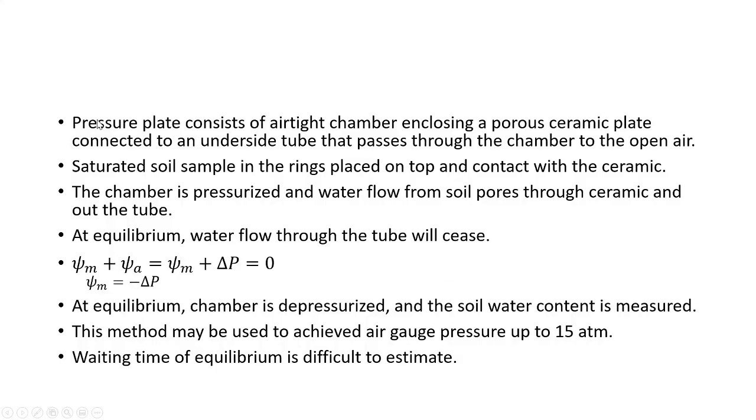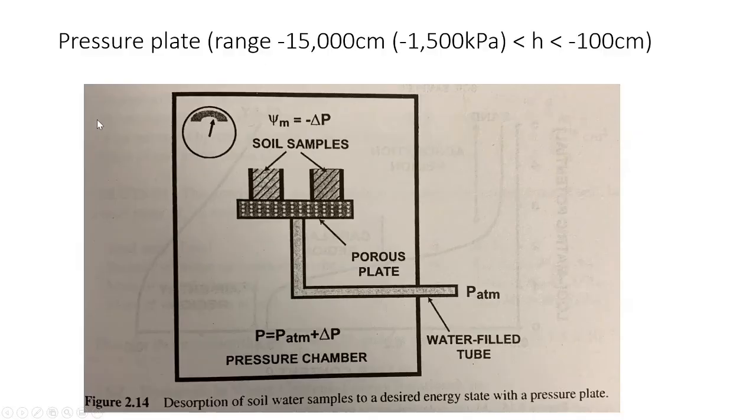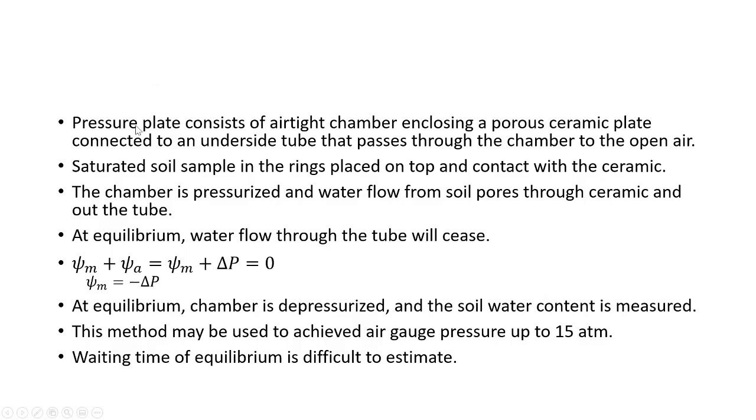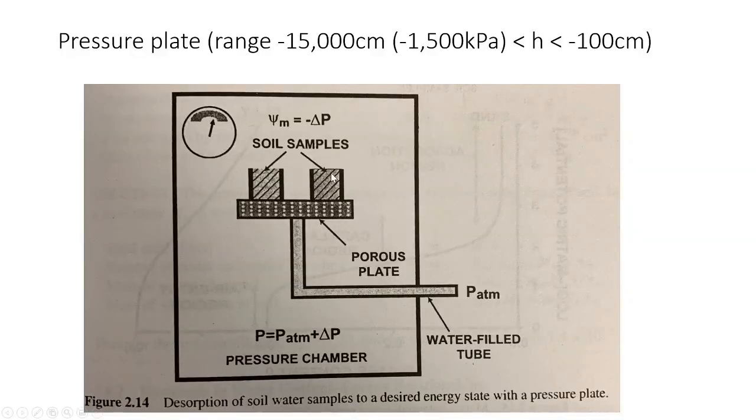Okay, so here is a bit of explanation about the pressure plate. The pressure plate consists of an airtight chamber enclosing the porous ceramic plate, connected to an underside tube that passes through the chamber to the open air. This is a saturated soil sample.